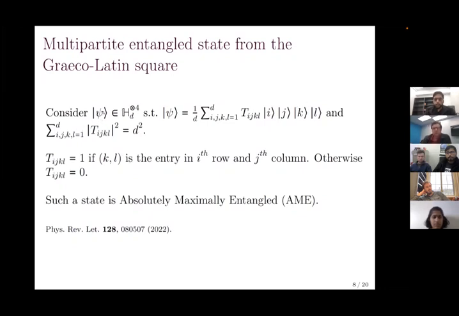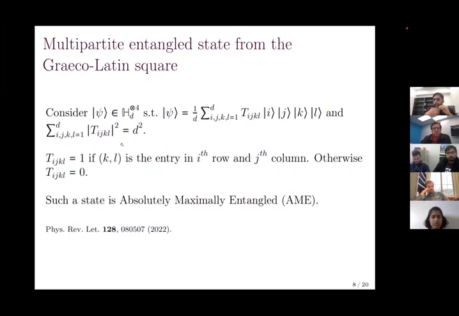Consider a pure state coming from the product Hilbert space of 4 Hilbert spaces of d dimensions each, and we write psi as a superposition in terms of the basis vectors in each of the Hilbert spaces, and these coefficients satisfy normalization.